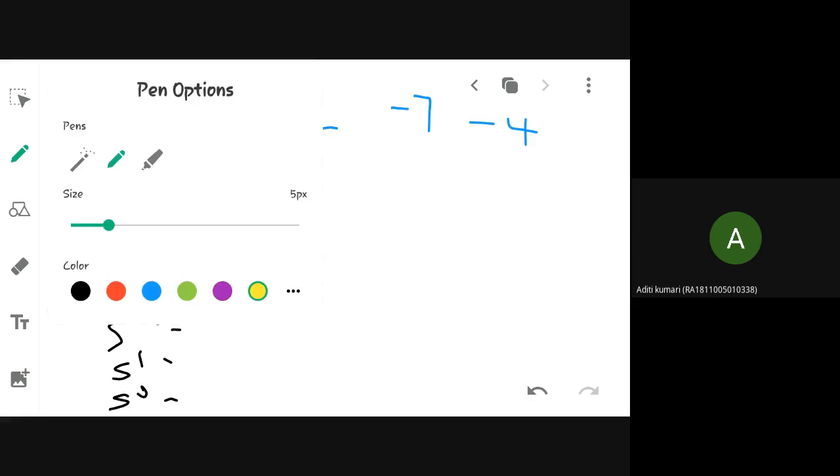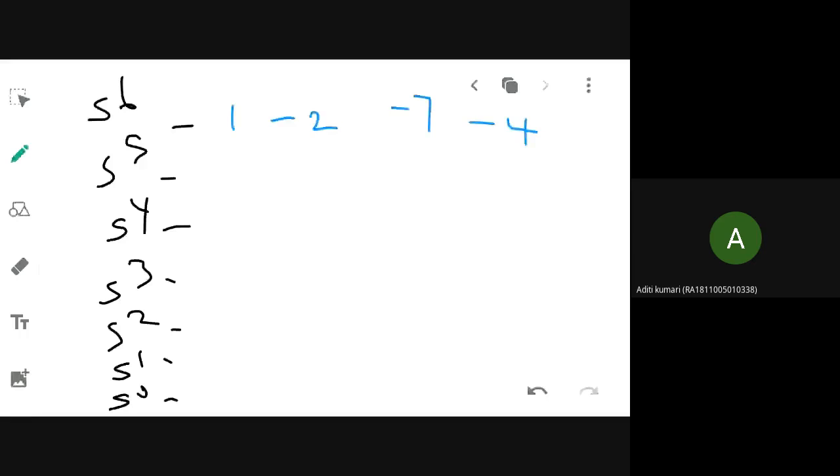First row will be 1, minus 7, and then one more constant, minus 4. Second row will be 1, minus 3, minus 4. Okay, enough. Sendamil, give the answer for the S to the power 4 row.